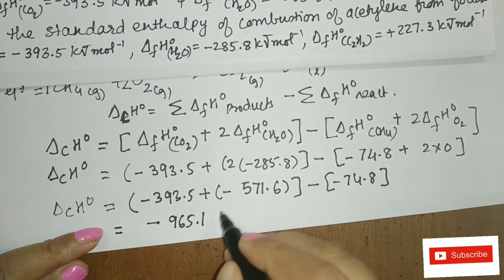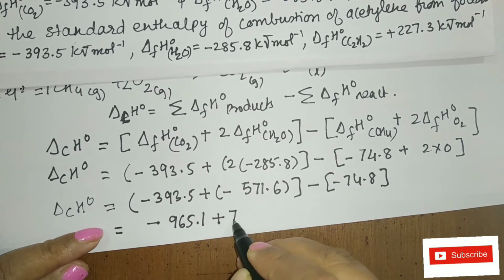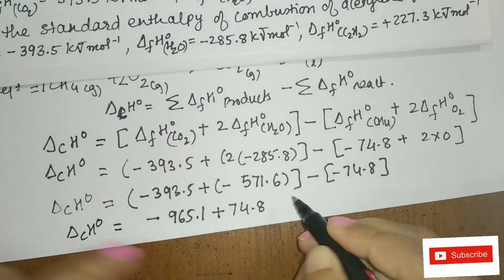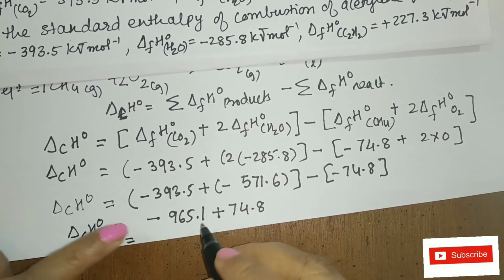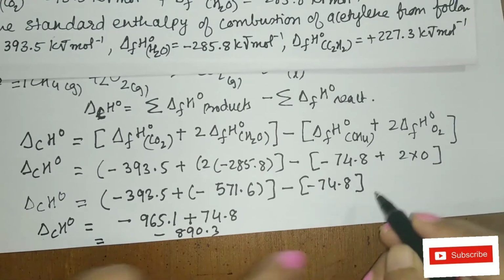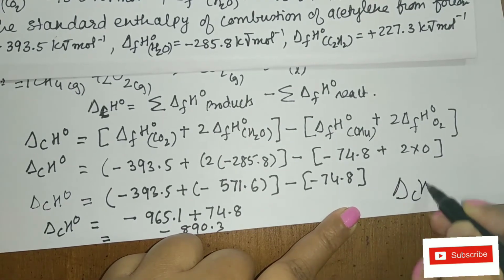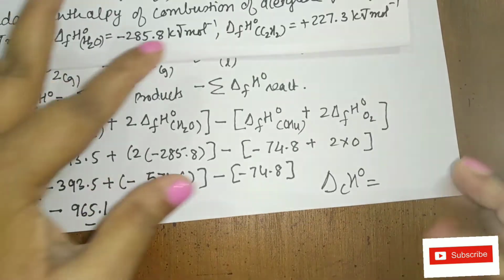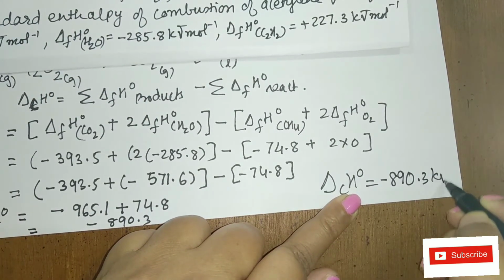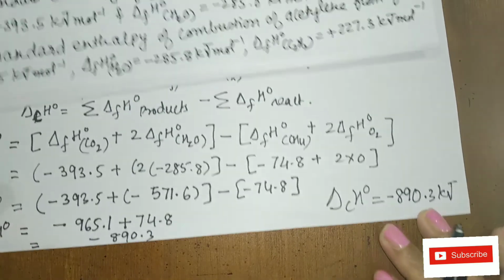This negative and negative will become plus 74.8. So the enthalpy of combustion for the reaction comes to minus 890.3 kJ per mole. So this is how you will solve the problem.